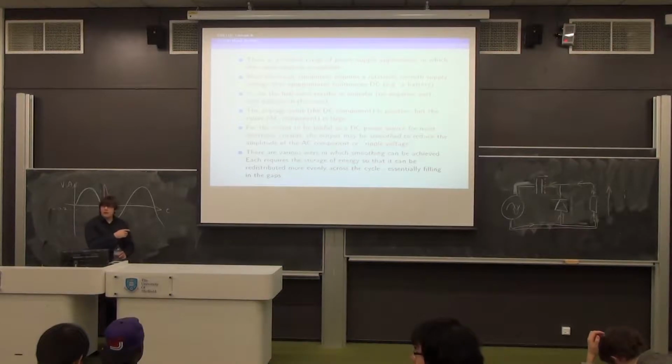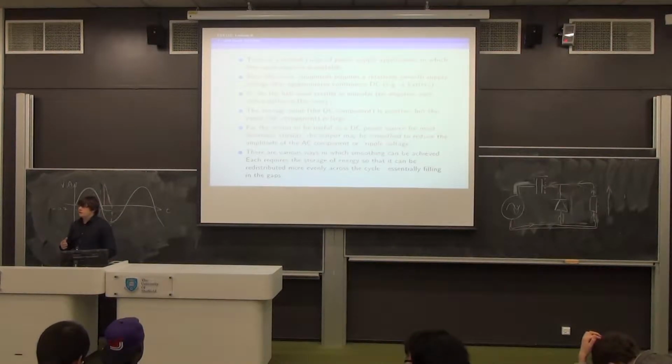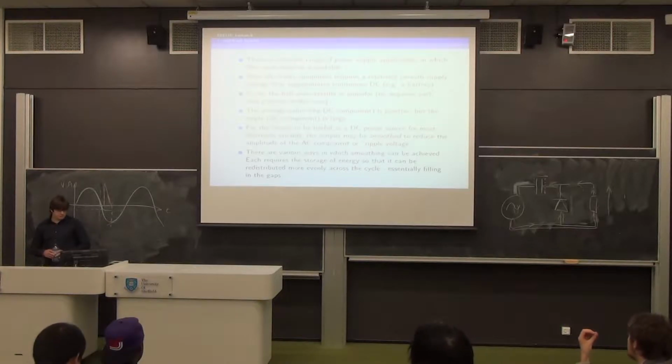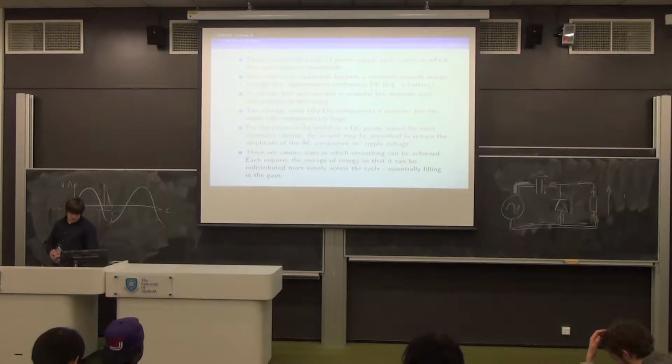So there is an average value and it is positive. So we've got DC even though it spends half its time at zero. And we're saying obviously the AC component is very large. So what we'd really like is to smooth out the current flow and to get a voltage which is always more than zero.